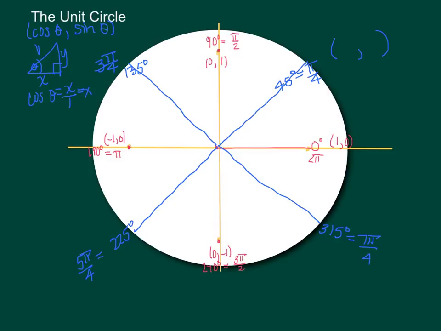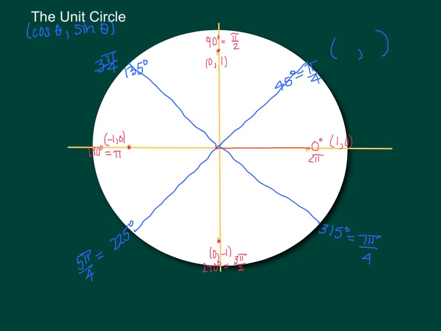That's why our x coordinates will always be cosine. Same reasoning for sine. Sine is always opposite over hypotenuse, and that means it'll just be y. So just remember, cosine is the x coordinate, sine is the y coordinate.